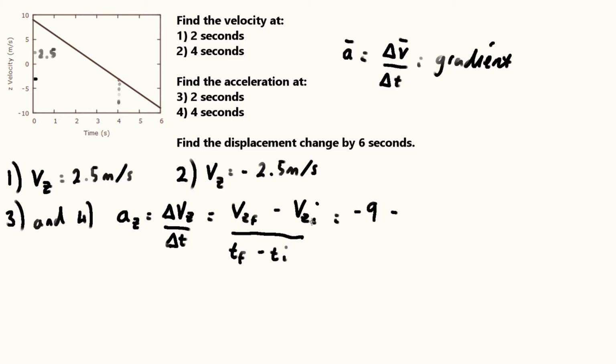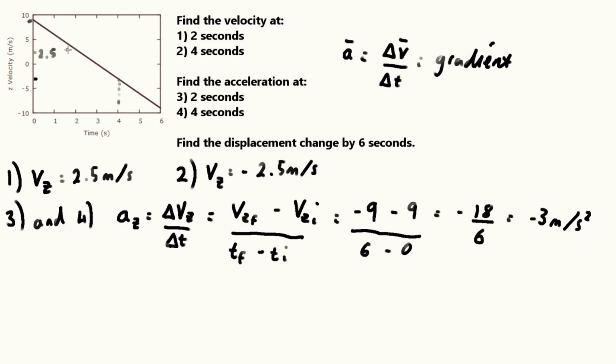And then our initial z velocity is going to be the velocity at t equals 0, which is 9 meters per second, almost touching 10, as such. Then our final time is 6 seconds, and our initial time is 0 seconds, giving us minus 18 over 6, which is equal to minus 3 meters per second squared for the z acceleration at both times 2 and 4 seconds.